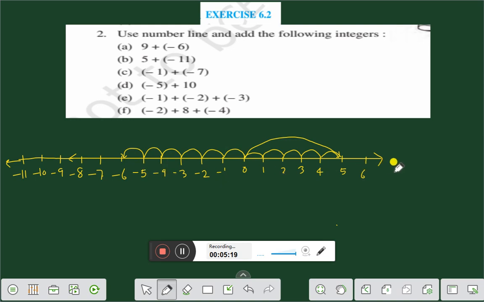The answer is minus 6. In question B, the answer is minus 6.